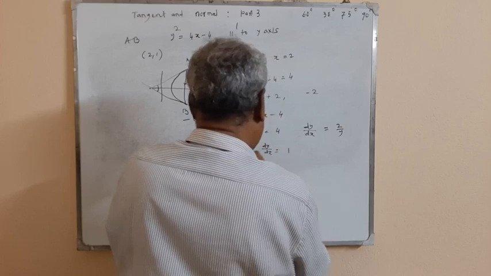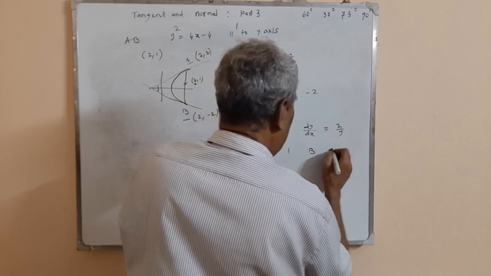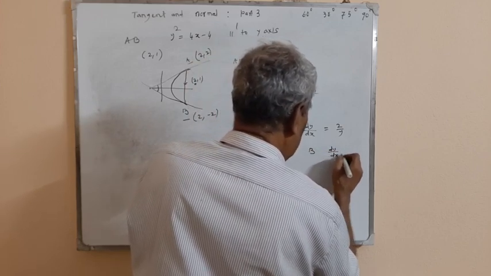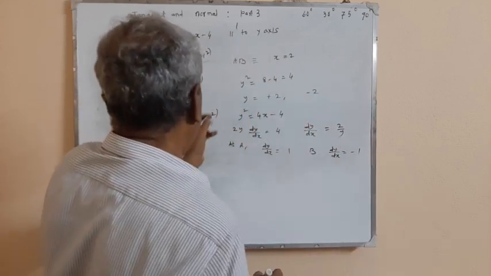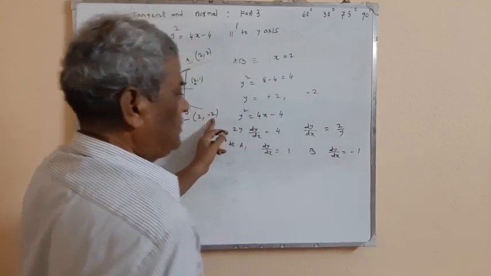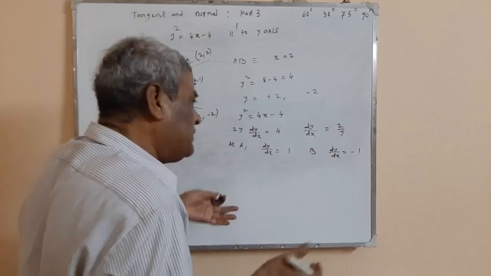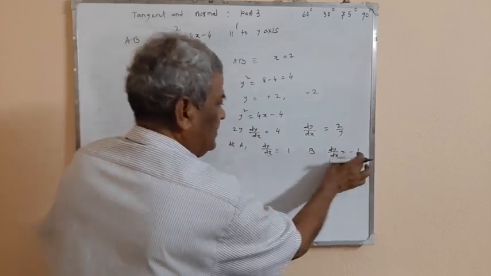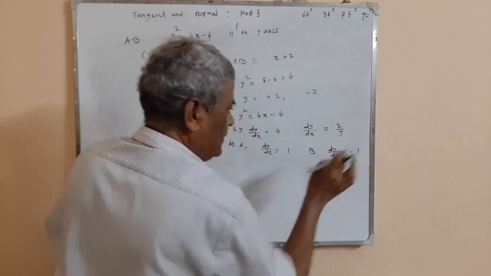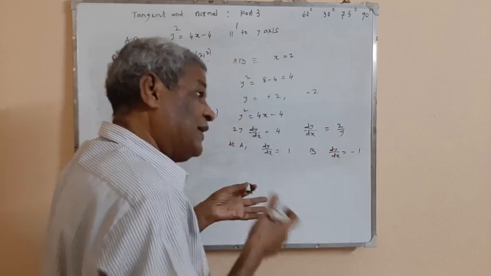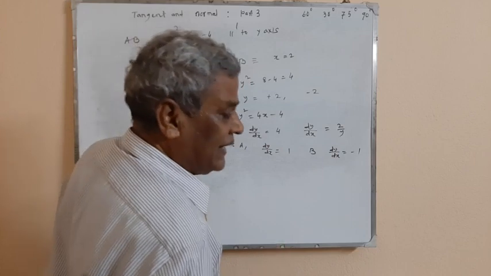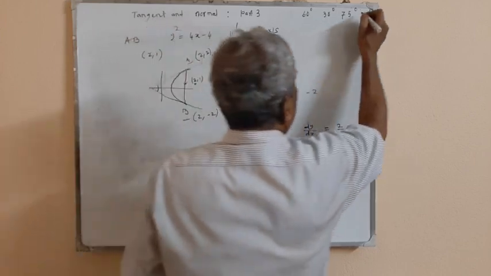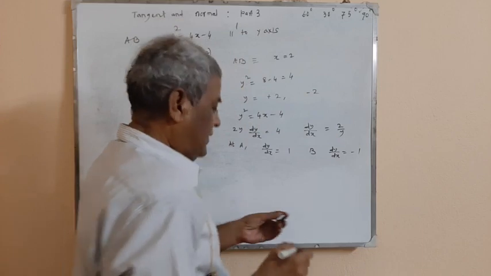And at B, dy dx is equal to 2 by minus 2, which is minus 1. So the product of the gradients is minus 1, 1 into minus 1. So the product of the gradients of the tangents is minus 1. So they are at right angle. So the option is 90 degree.